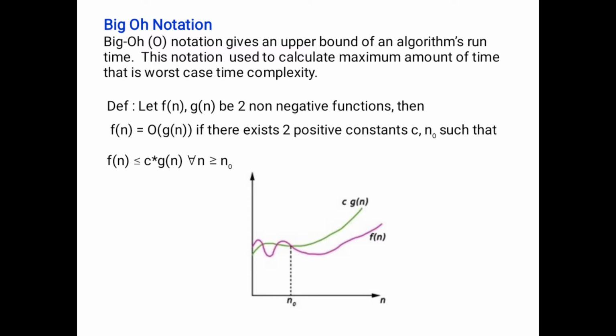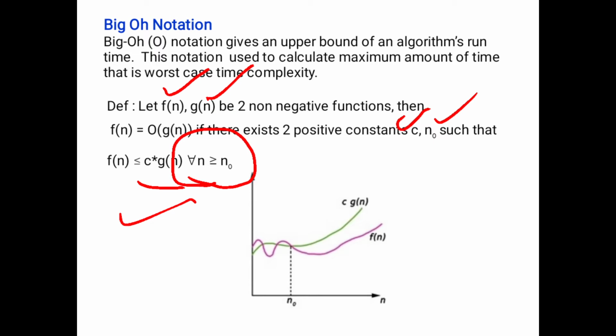The criteria is f of n is less than or equal to c g of n for all n greater than or equal to n naught. So two functions f of n and g of n, and two positive constants c and n naught, must meet this criteria: f of n is less than or equal to c g of n for all n greater than n naught.